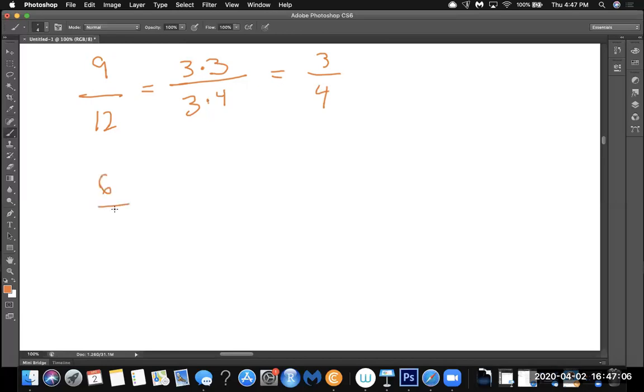So 6 over 4. First, I want you to break it up into 2 multiplications that have the same number multiplied. Start with the top. What would I break it up to? 3 times 2. Write it down.